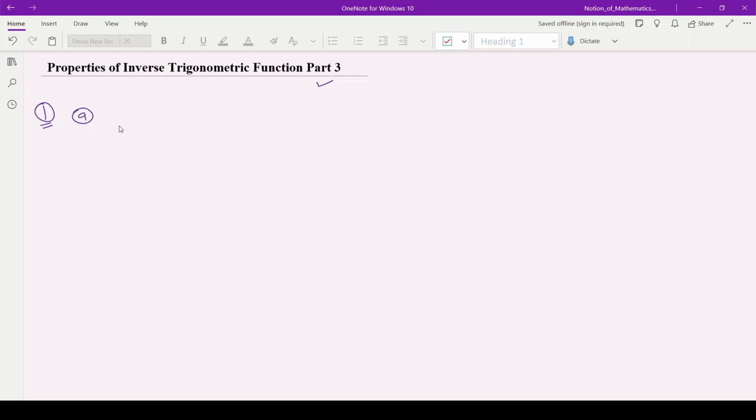The A part is tan inverse x plus tan inverse y is equal to tan inverse of (x plus y) upon (1 minus xy), where xy is less than 1.